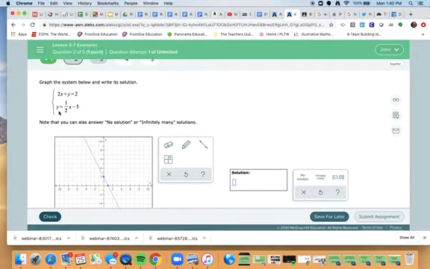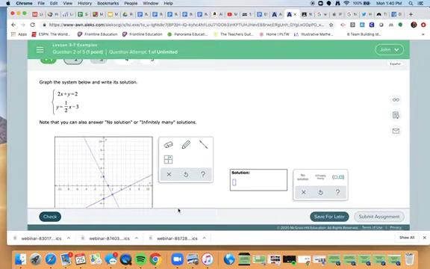Now right here we got y equals 1/2 x minus 3. That means I have a line with a slope of 1/2 and a y-intercept of negative 3. So let's put our point at negative 3. And then if you have a slope of 1/2, it means that you go up 1, over 2. Put a point, and you can kind of see right where I put that point that it's on the line.